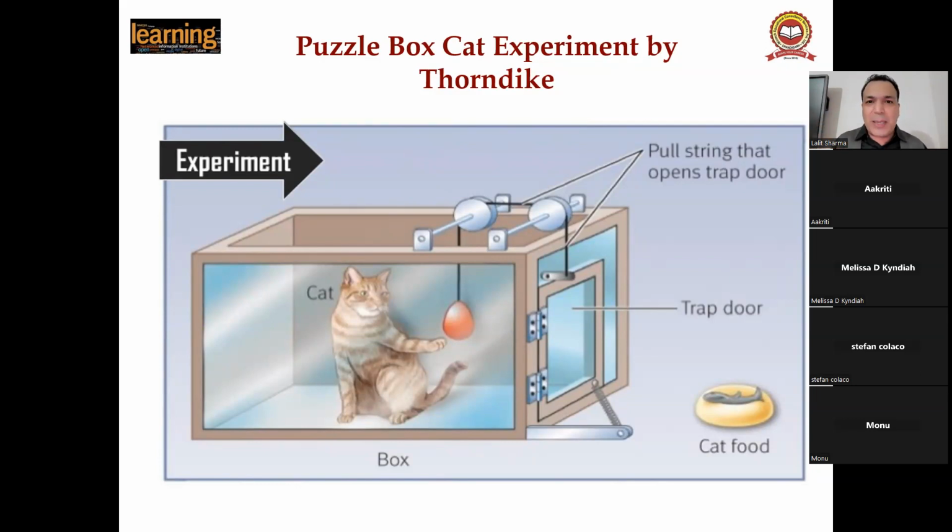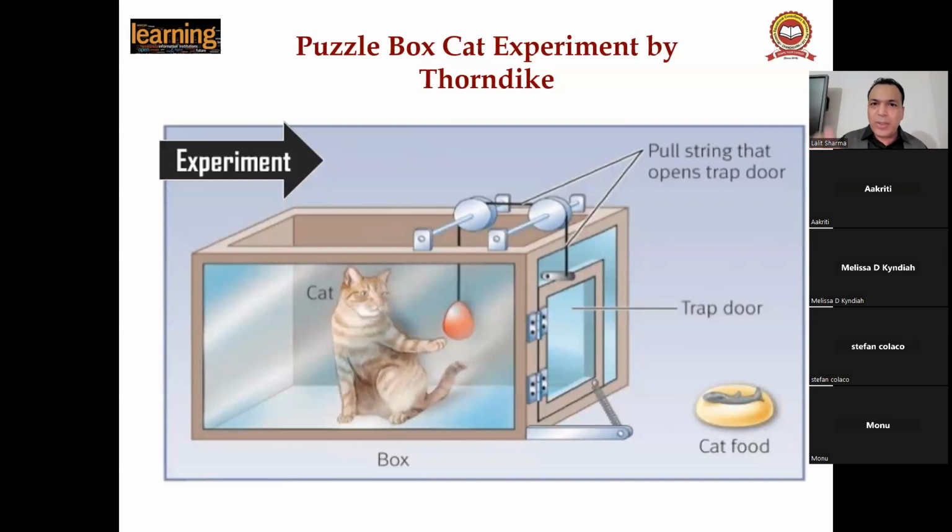Next, in the second experiment, Thorndike did the same experiment again, right? The cat was hungry for up to 10 or 12 hours. He put the cat into the puzzle box, and after 10 or 12 hours, after one day, he placed a fish near the cage. Then again in the second experiment, the cat started to try to come out of the cage and started hitting the bar, and did each and everything.